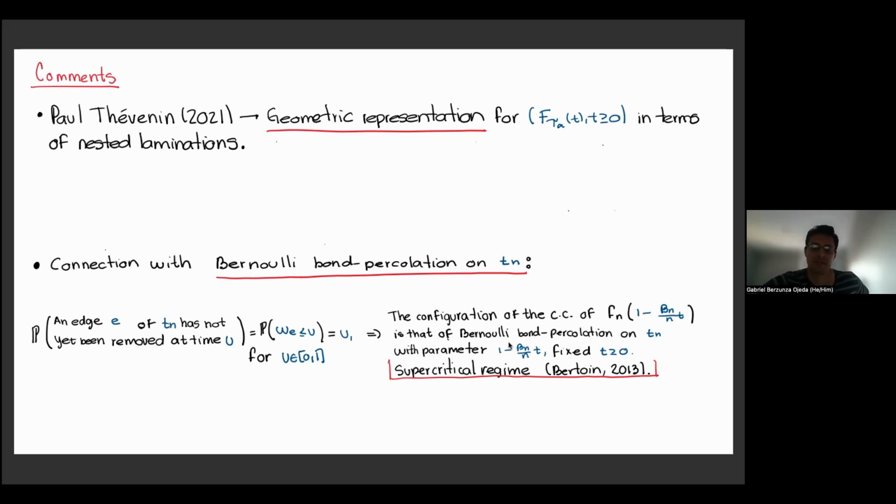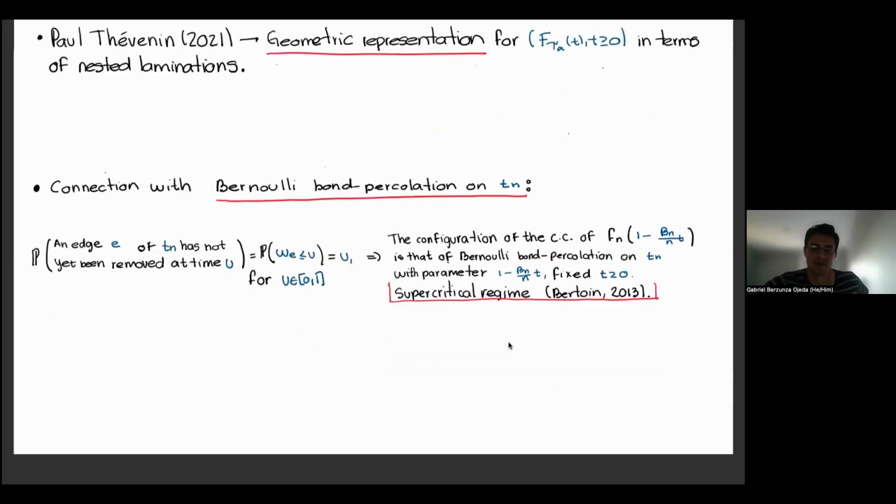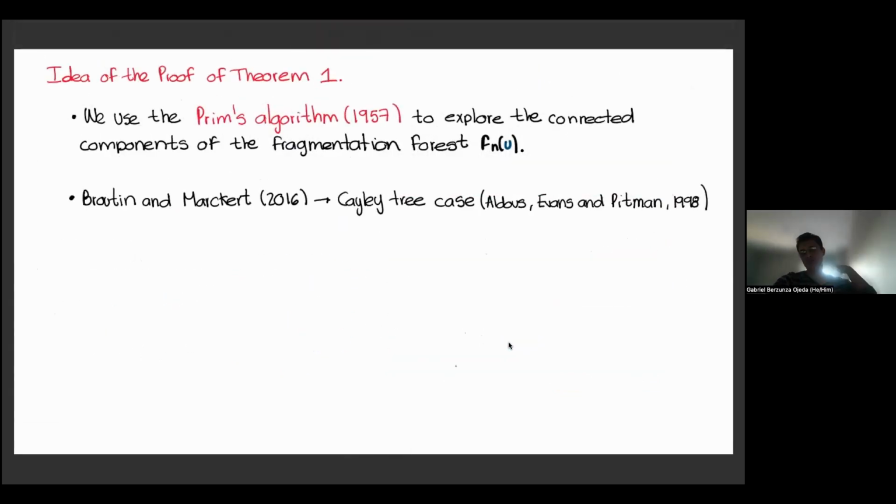Okay, let me move on to some of the ideas of the proof. I will talk about just the main idea of the proof of Theorem 1. To prove this, we use something that comes from computer science, called Prim's algorithm, which we discovered when we were working on this problem. We use this procedure to explore the connected components of the fragmentation forest in a very nice way. I will explain in a moment.